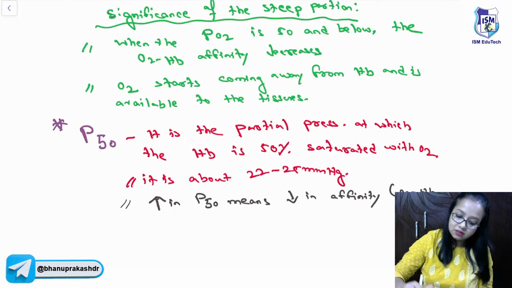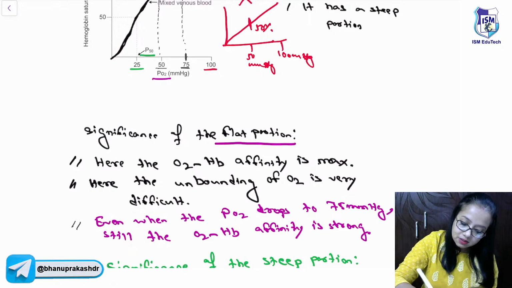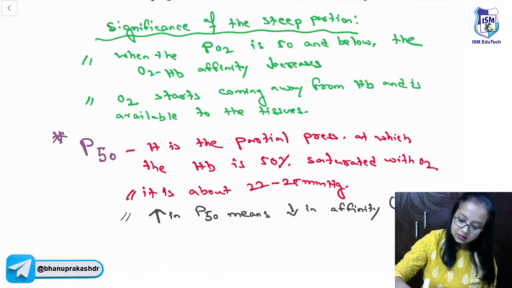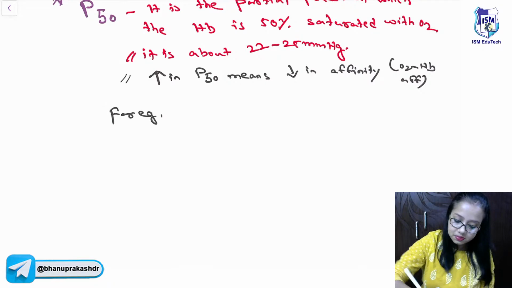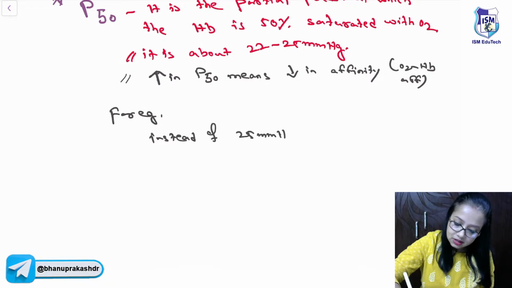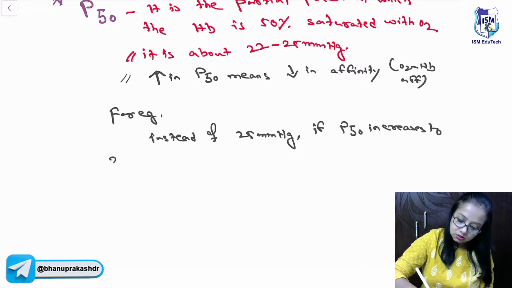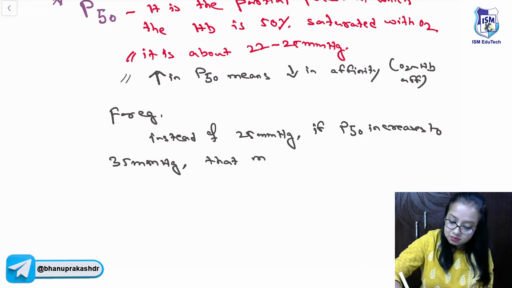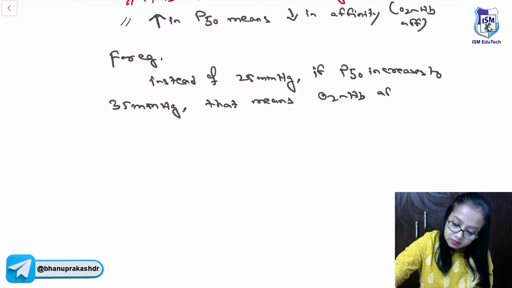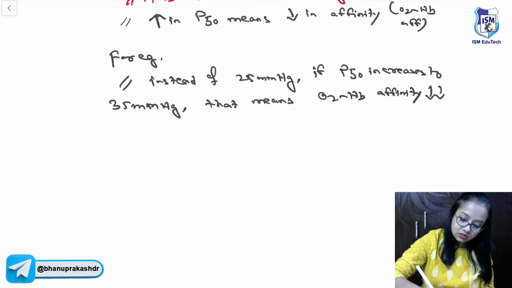For example, instead of 25 mmHg, if P50 increases to 35 mmHg, that means oxygen hemoglobin affinity is decreased, and vice versa.